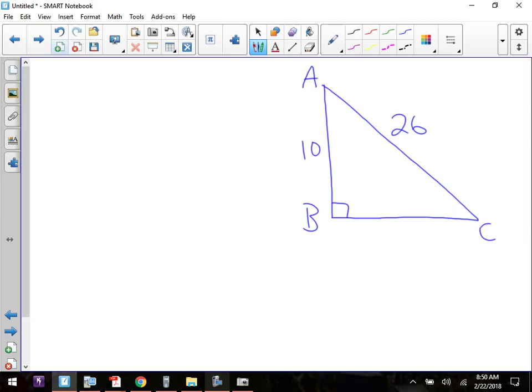So in this case, we have two sides, which means we have to find one side and two angles.